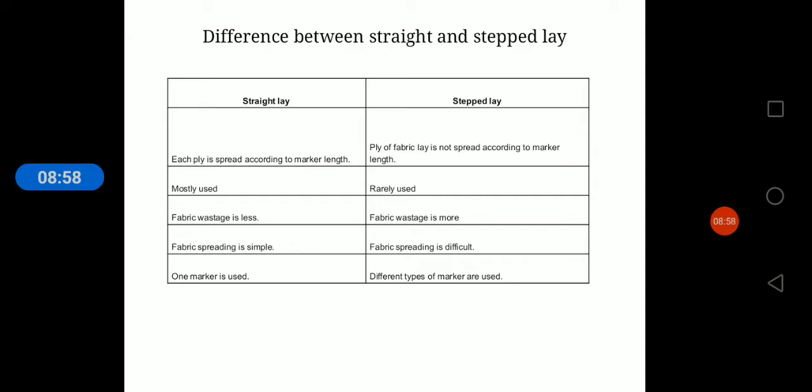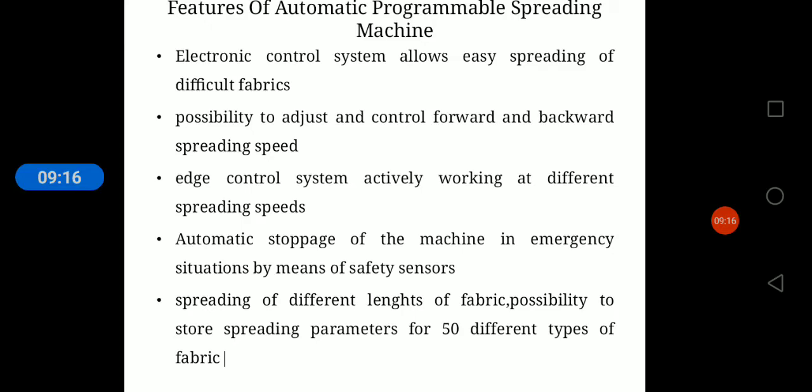In straight lay, the fabric wastage is very low, and in step lay the fabric wastage is very high. Fabric spreading is very simple in straight lay, and very difficult in step lay. One marker is used in straight lay, and different types of markers are used in step lay.